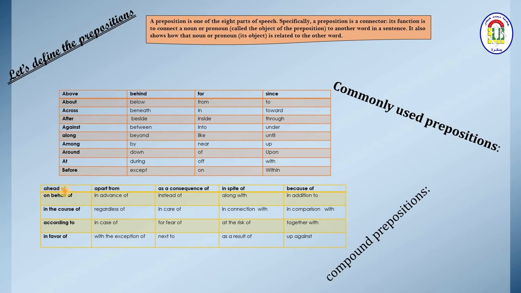On behalf of is a preposition, a noun, and a preposition, and each has a meaning. On behalf of, instead of, I replace someone or something else. In the course of means during another work, something is going on.